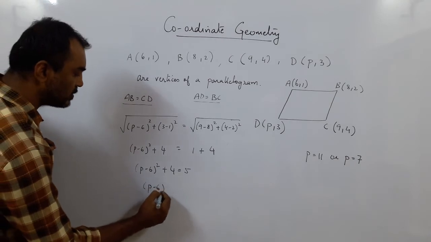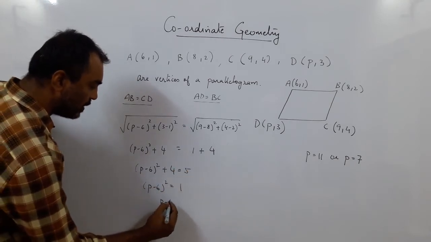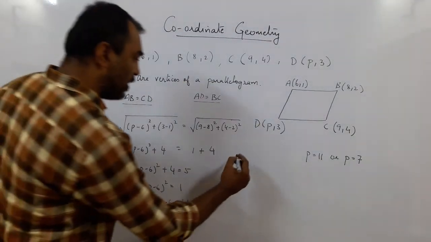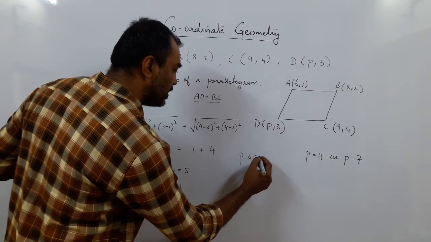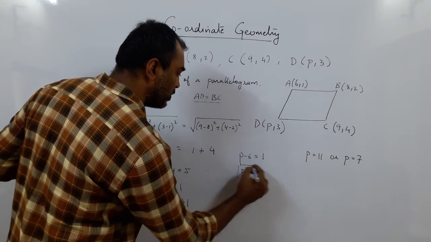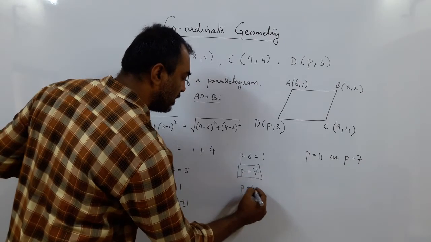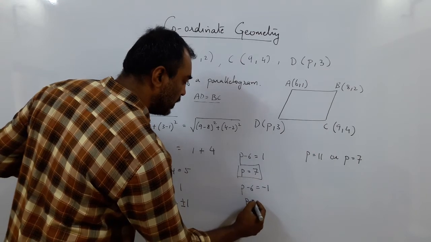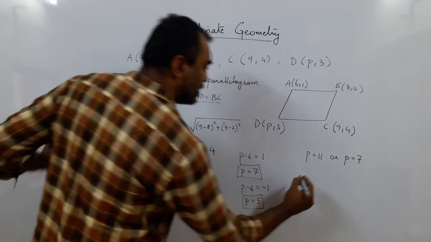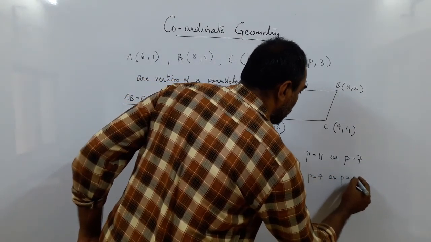So P minus 6 the whole square equal to 1, because 5 minus 4 is 1, or P minus 6 equal to plus or minus 1. So P minus 6 equal to 1 gives P equal to 1 plus 6, which is 7, and P minus 6 equal to minus 1 gives P equal to 6 minus 1, which is 5. So when I take the second condition I get P equal to 7 or P equal to 5.